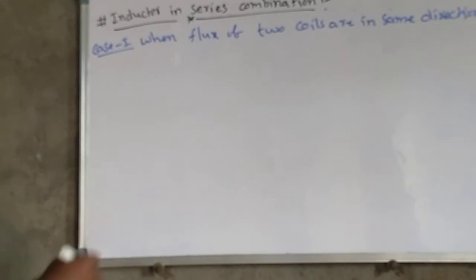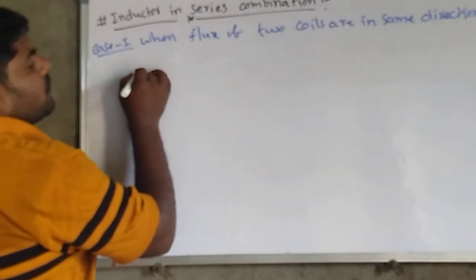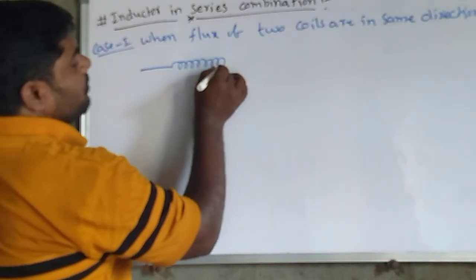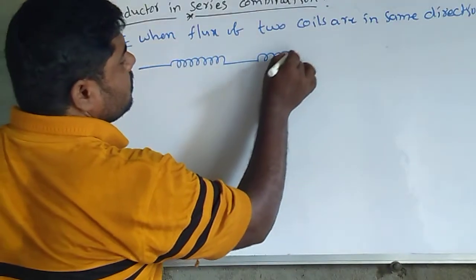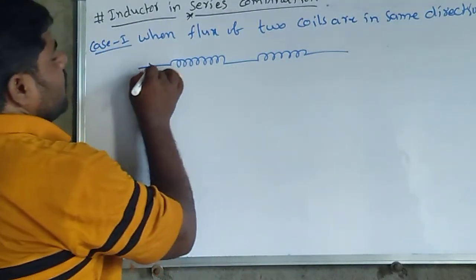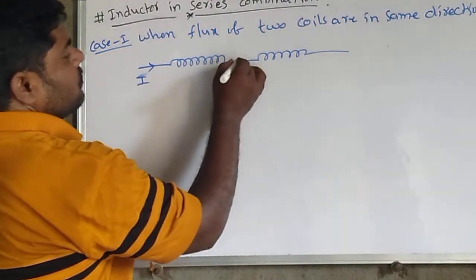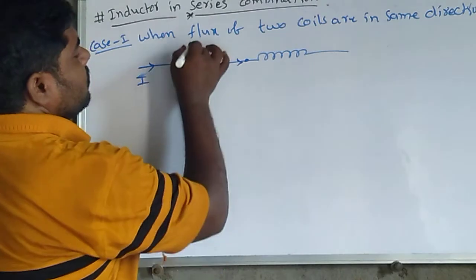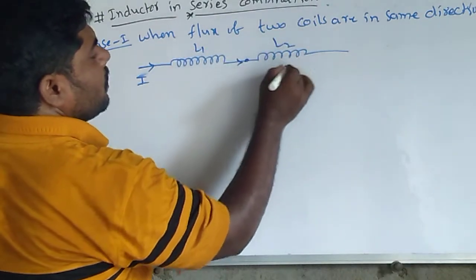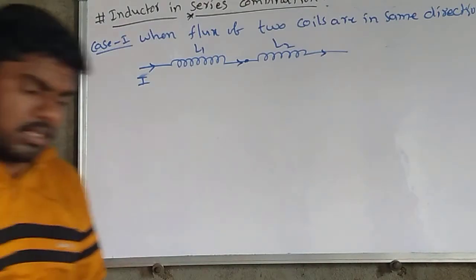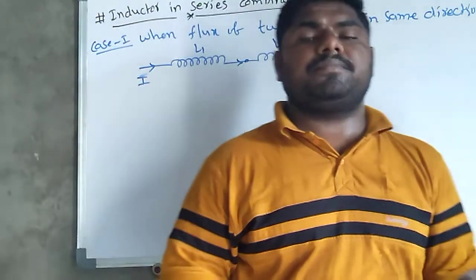It means connecting two inductors in series combination like this. Here the current I passes through in this direction. This one is L1 and this one is L2. When the current passes through a series combination, it is the same current.